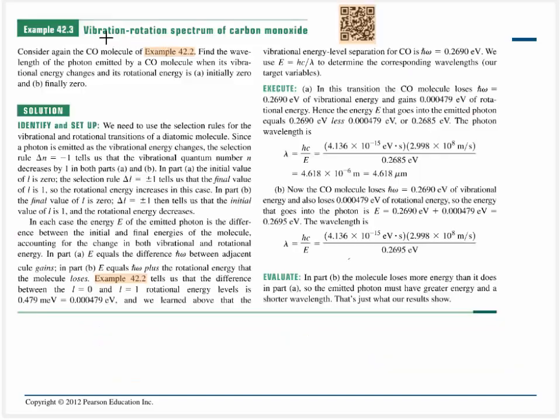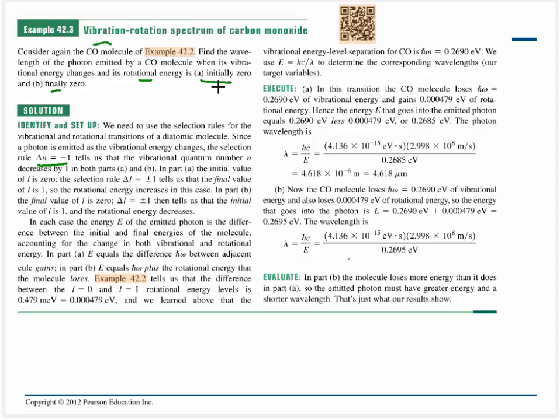So now let's take a really quick look at the vibrational spectra for CO2. So we're talking about the same molecule as before, and we're looking at when the vibrational energy changes and the rotational energy is initially 0 and finally 0. What that tells us is that delta n is going to be equal to -1.